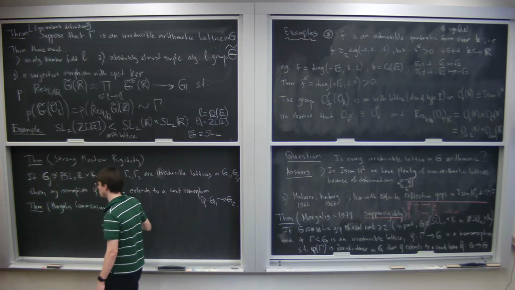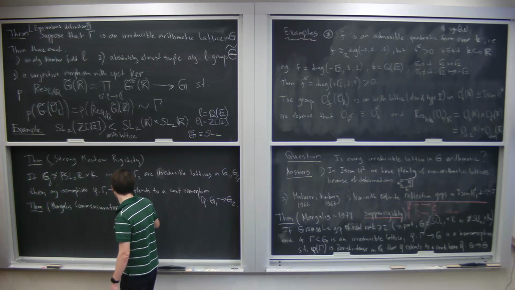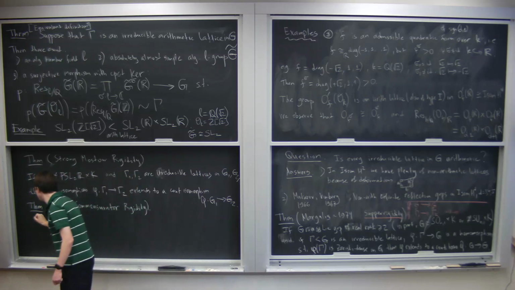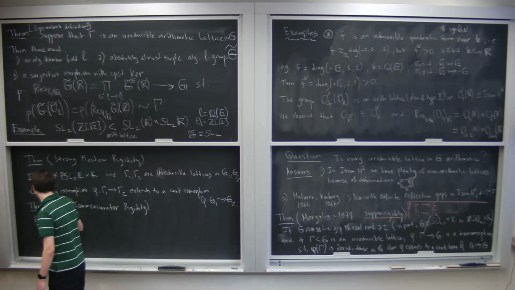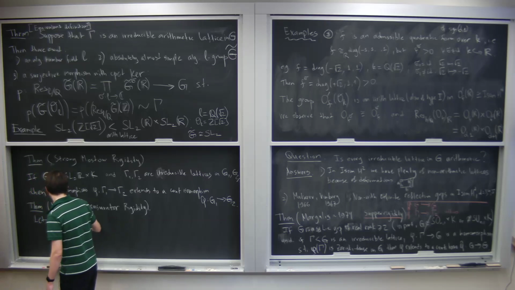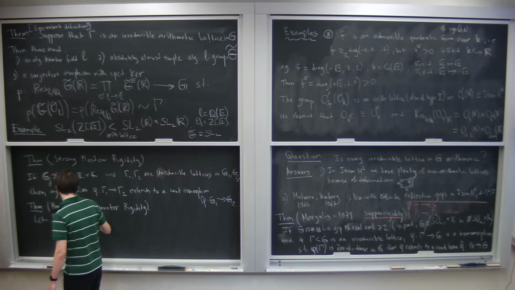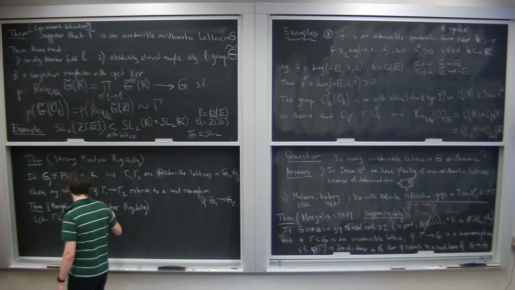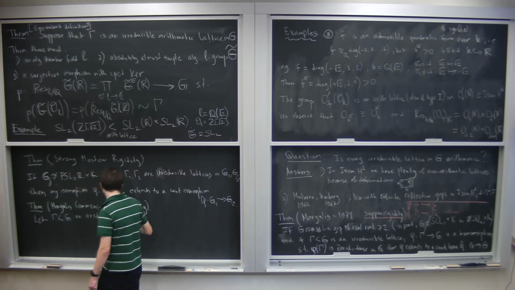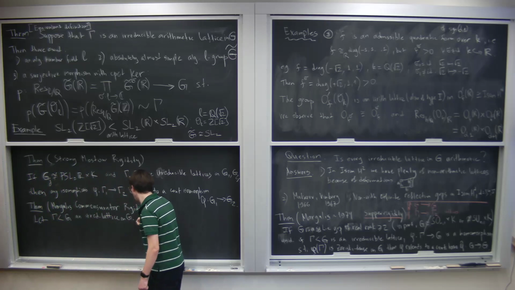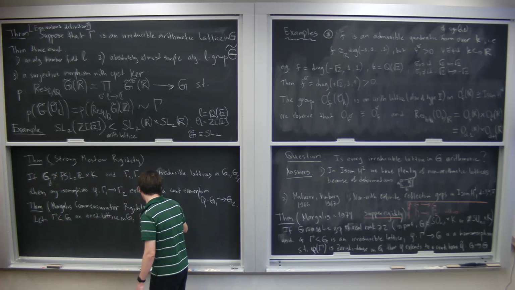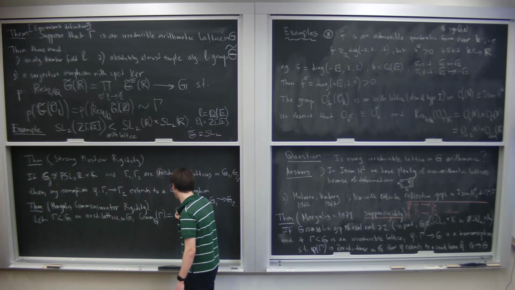So let gamma be an irreducible lattice again in G. The commensurator of gamma in G is the following group.